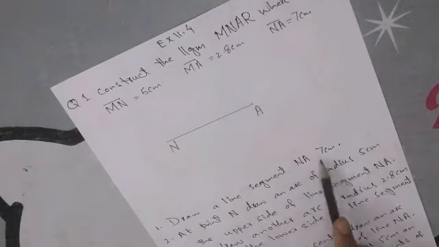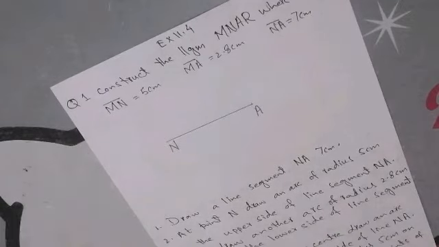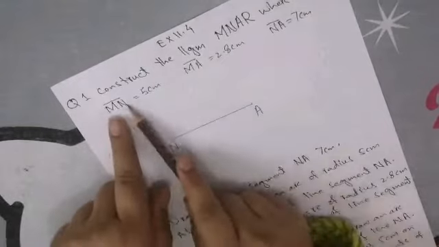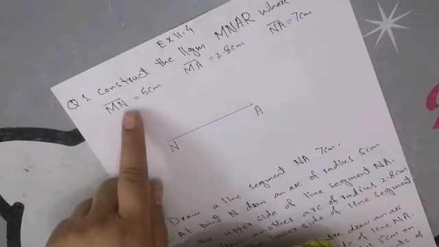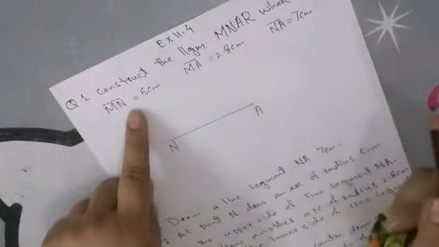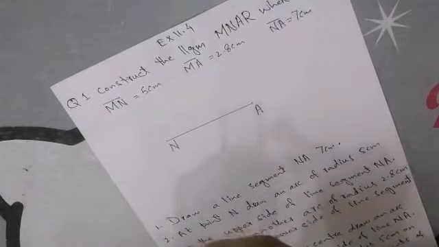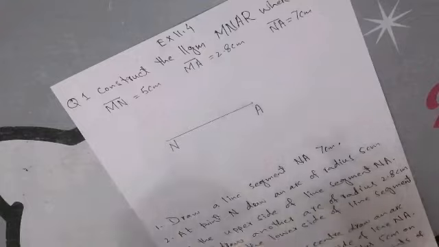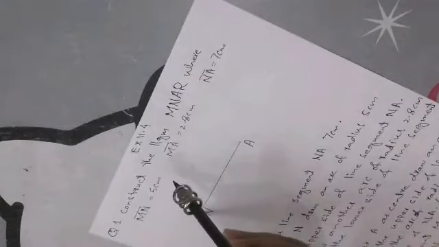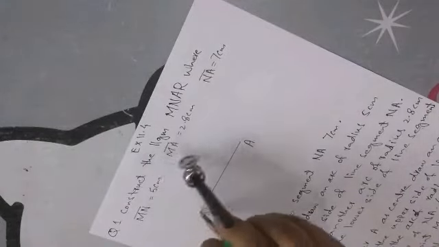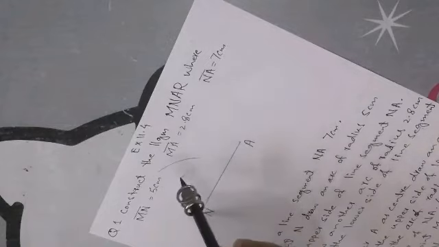Draw a line segment NA 7 centimeter. Now what you have given, MN is 5 centimeter. So means that at point N you put your compass and draw an arc of radius 5 centimeter. So you open your compass 5 centimeter. Put it at point N and draw an arc of radius 5 centimeter.